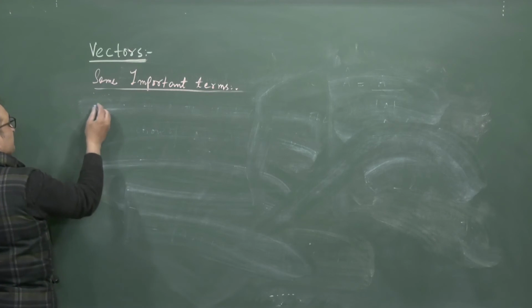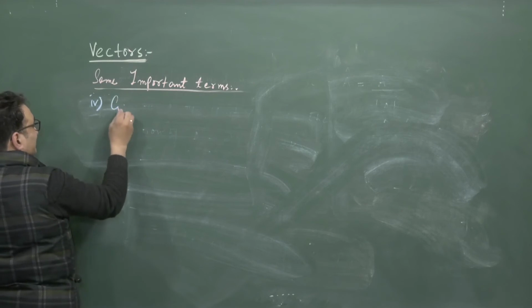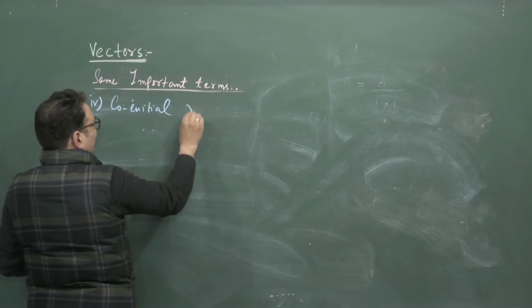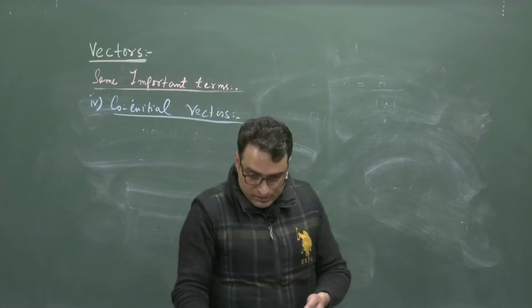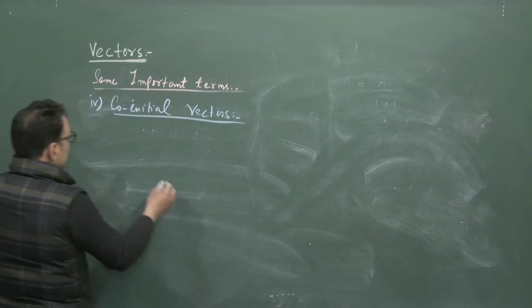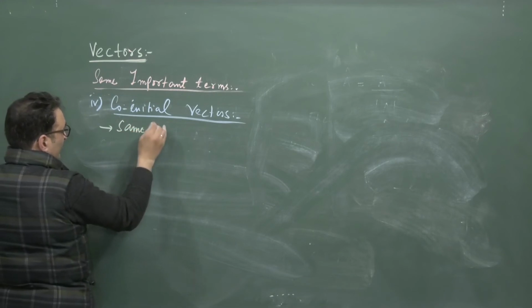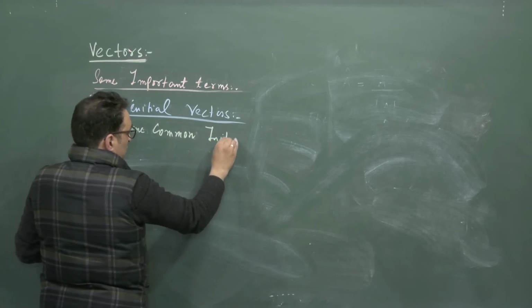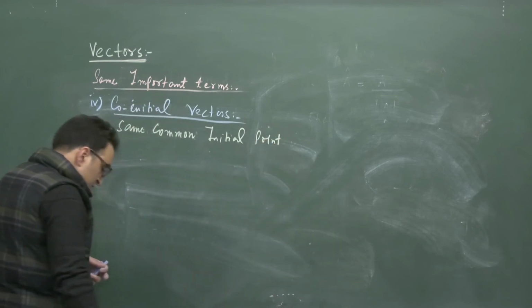Now let me take another term, which is co-initial vectors. Vectors are said to be co-initial if they have the same common initial point.